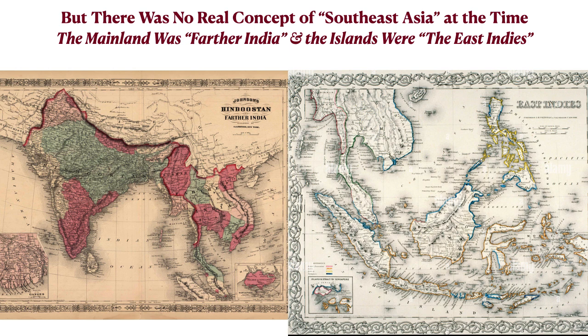So as I just mentioned before, in earlier times there was no real concept of Southeast Asia. The map on the left, from the mid-1800s, shows Hindustan or Farther India. Hindustan being what we would today call India, as well as Pakistan, Bangladesh, Nepal, Bhutan. And then Farther India being what today would be called mainland Southeast Asia.